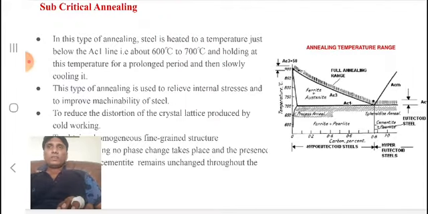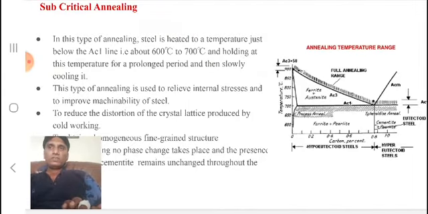So this type of annealing is used to relieve internal stresses and to improve machinability of steel. I repeat, to improve the machinability of the steel, process or subcritical annealing is used.